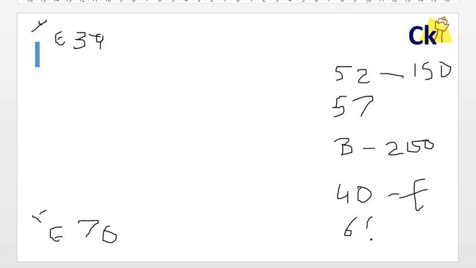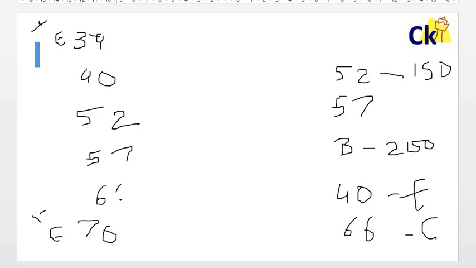So over here C must be born. Now we have all these 6 years that we want. So first it's 39, the other is 40, the next comes 52, the other is 57, then comes 66, and the last is 70.